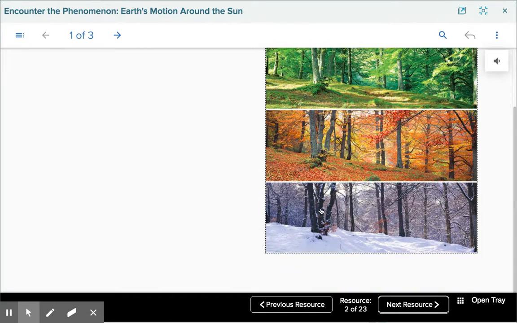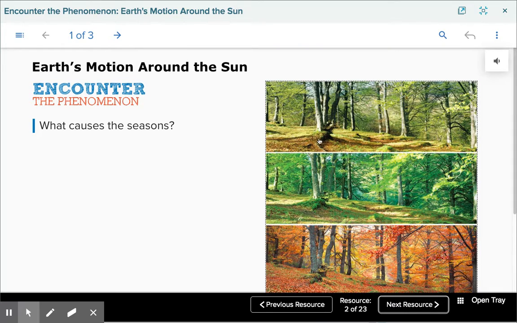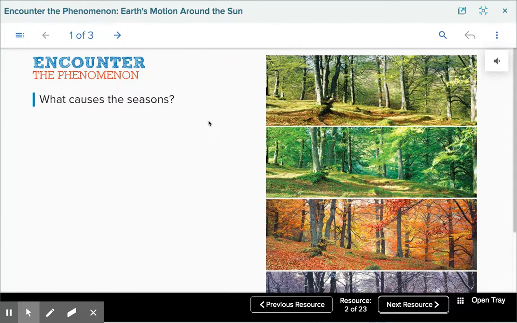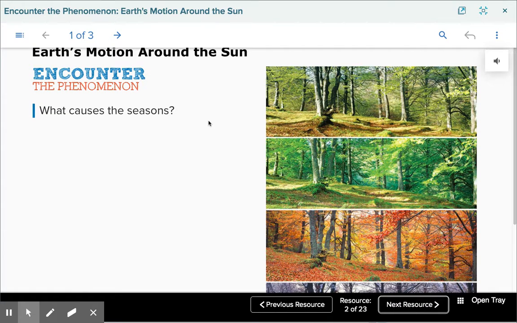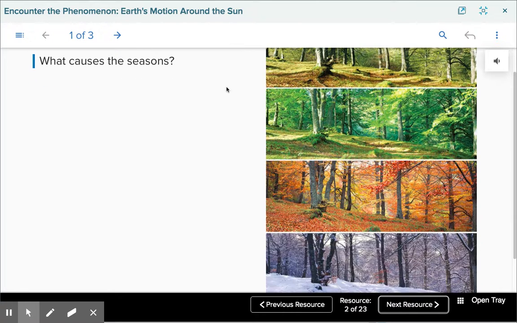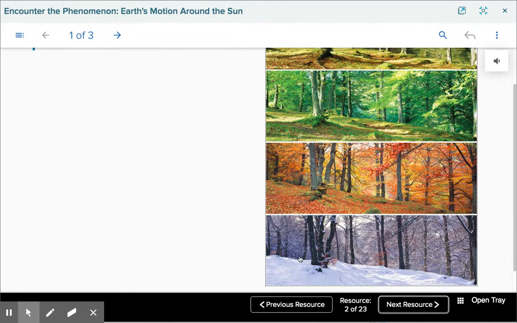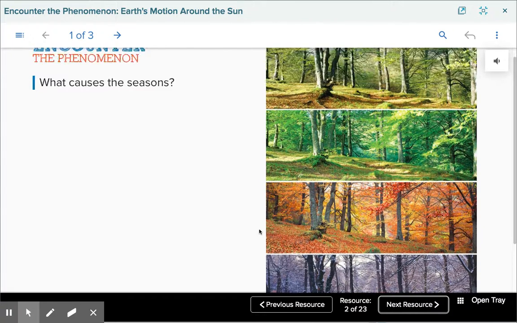In this picture, you have winter, fall, spring, and summer. And this is an excellent activity for us in North Dakota living at 40 degrees latitude because we experience very distinct seasons. It's easily recognizable. Not everyone in the world has seasons. If you live on the equator or the poles, you don't experience seasons. So that's just something to chew on.